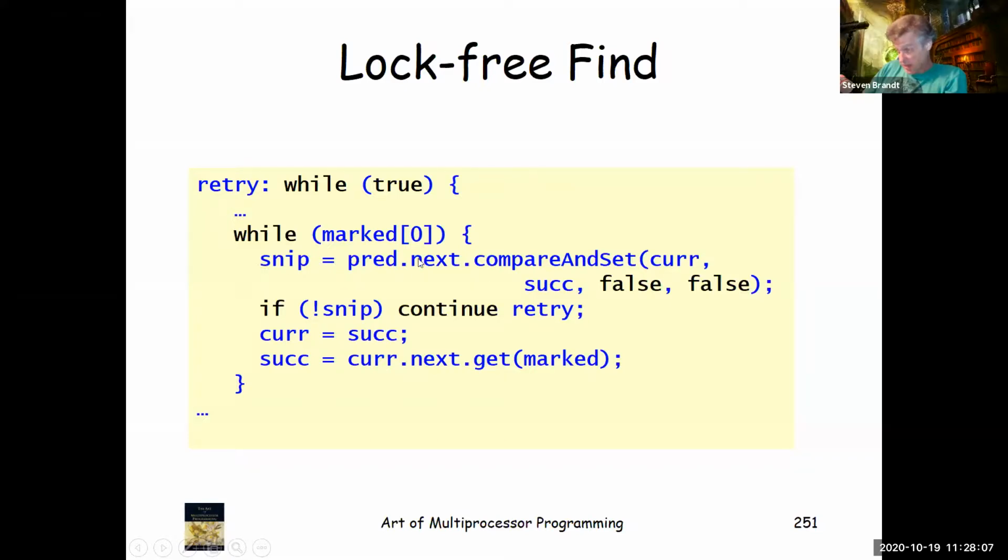So this is an attempt to remove the marked node. And if this fails, we're going to retry. We're going to just start the whole operation over again. If it succeeds, we're going to set the current to the successor and the successor to the current.next.get marked. Okay, so this allows us to physically delete nodes as we traverse the list.